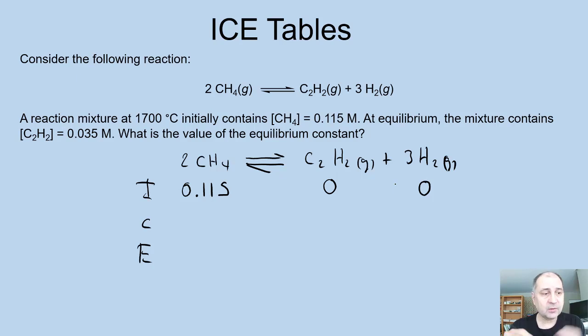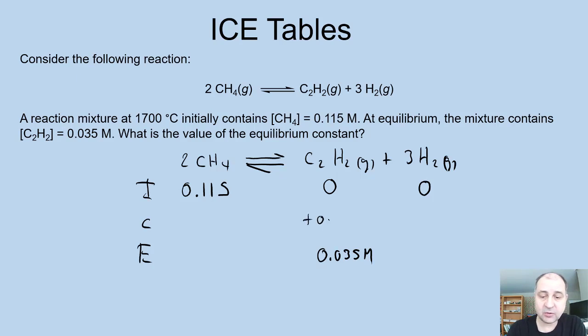Because the reactant is methane and there's nothing else there, but we are told that at equilibrium the concentration is 0.035 M.